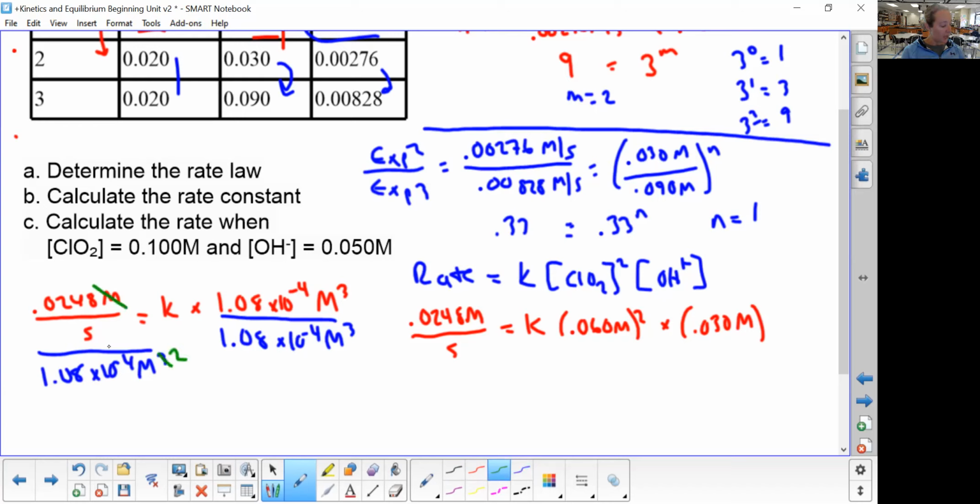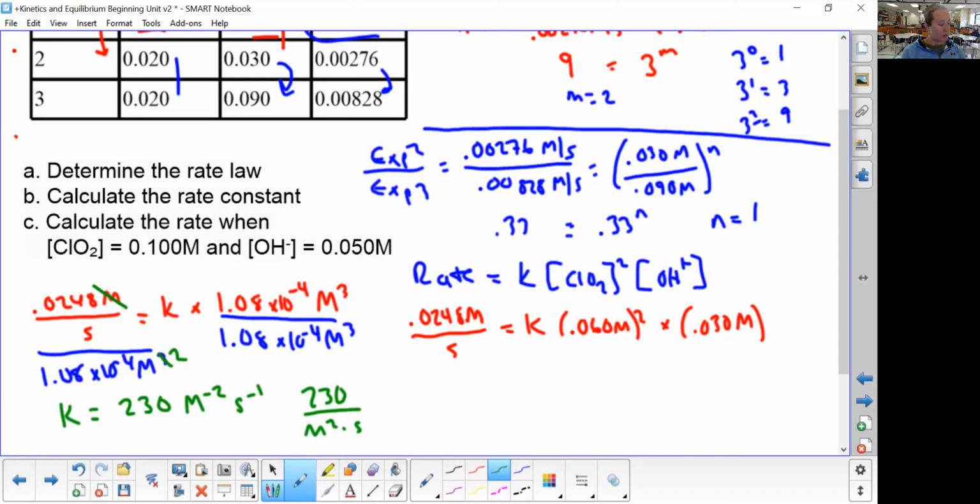So k for this one is numerically 230, and you can either write the units as molarity to the negative 2 seconds to the negative 1, or as 230 over molarity squared times seconds, just so you see different ways.